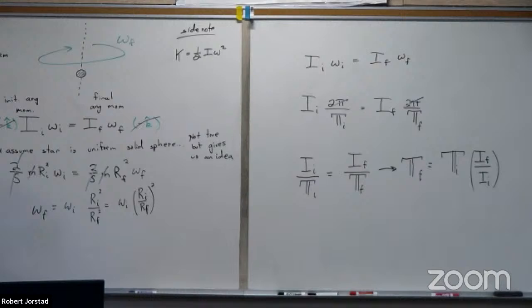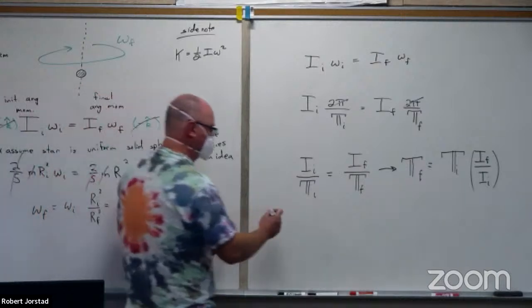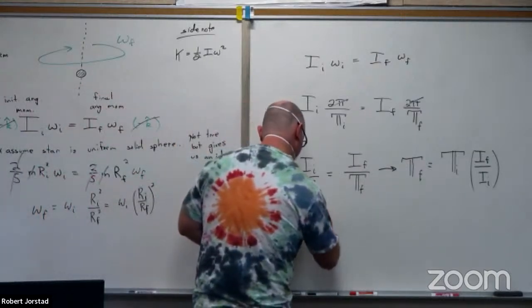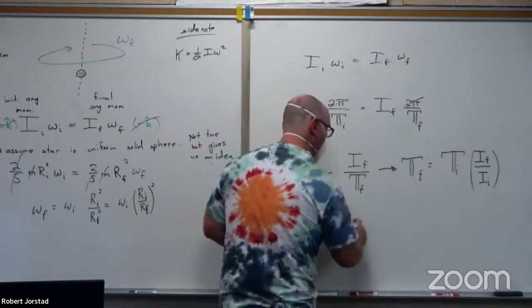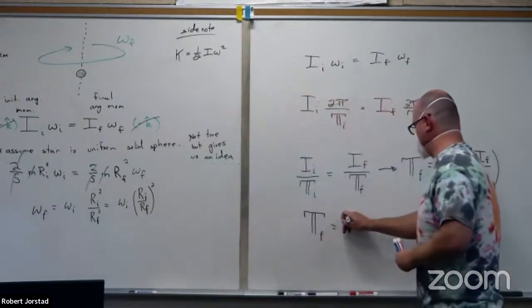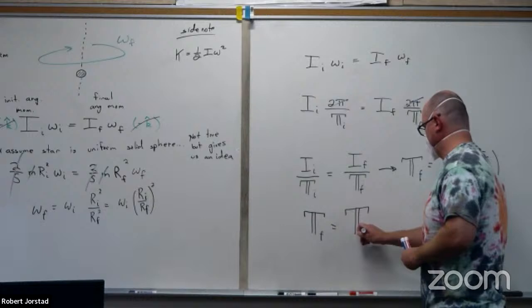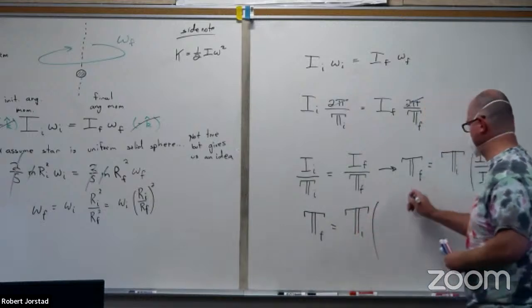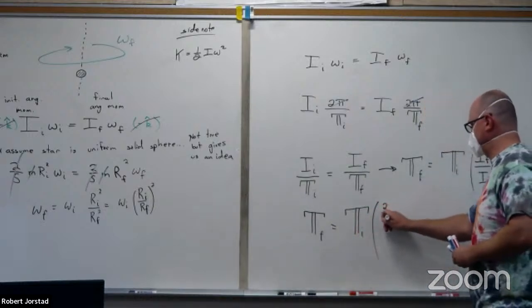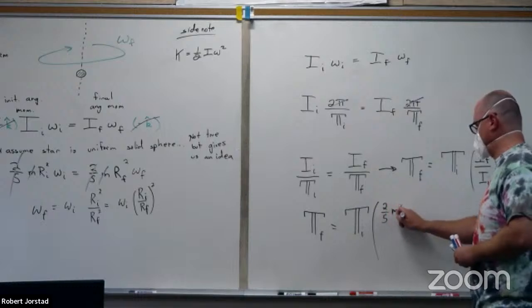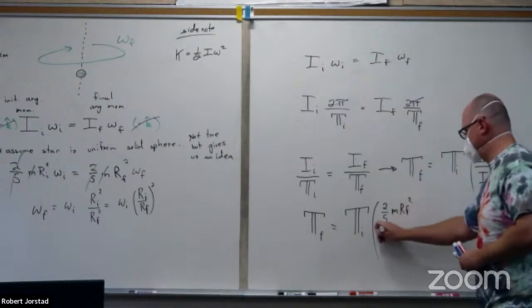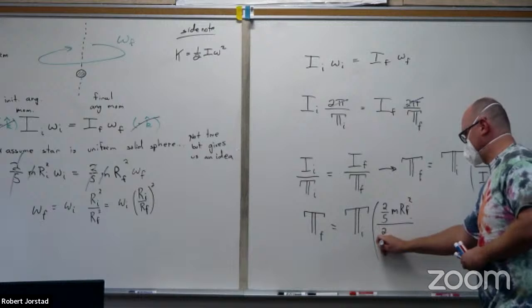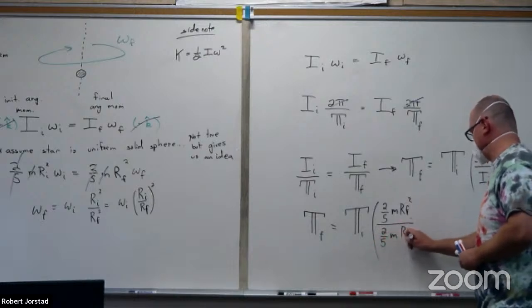Well, if I plug in this particular result here, it's going to equal the initial period times 2/5 mass radius final squared over 2/5 mass radius initial squared.